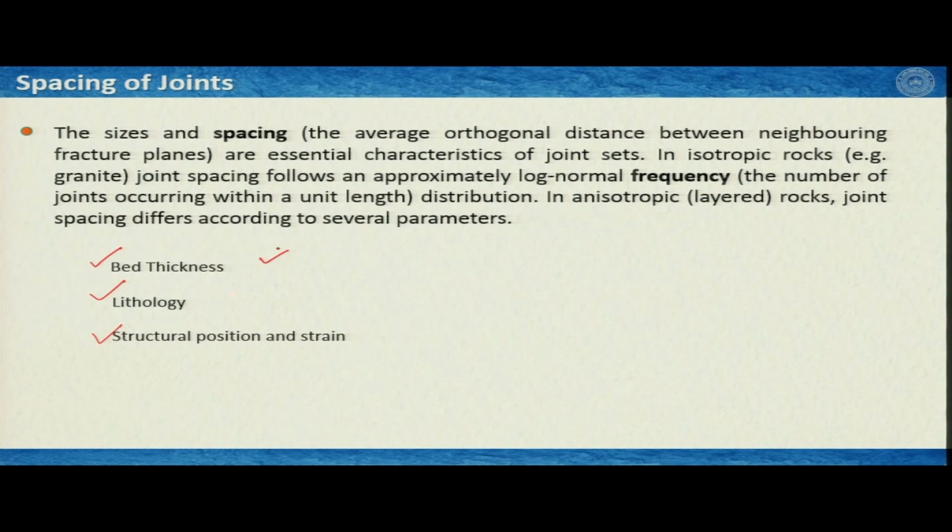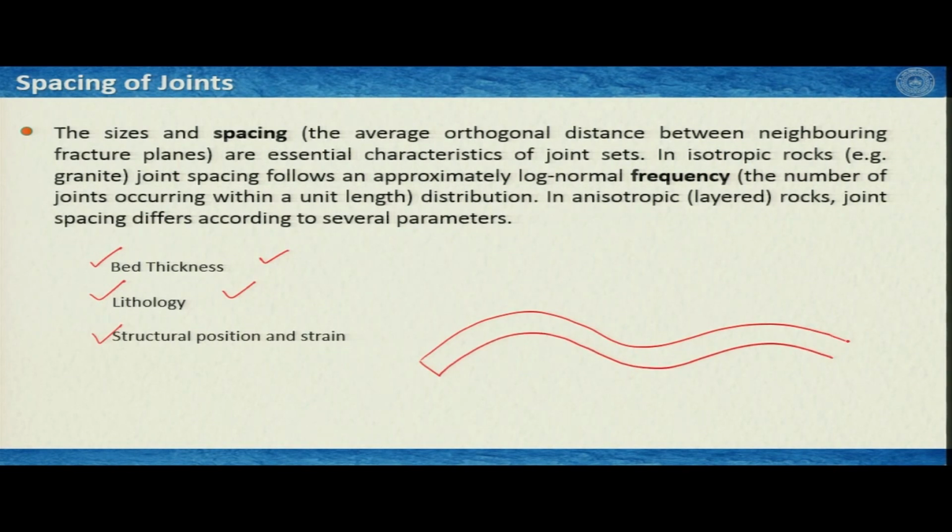Bed thickness we will see soon, lithology as well. Structural position means where the joint is forming. In other words, if I have a folded layer like this, then the orientation of joints or the spacing of the joints at the hinge zone would be essentially different from those of the limb zone and so on.